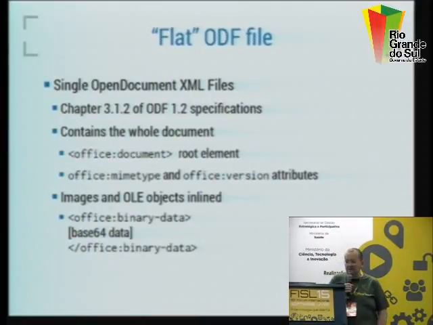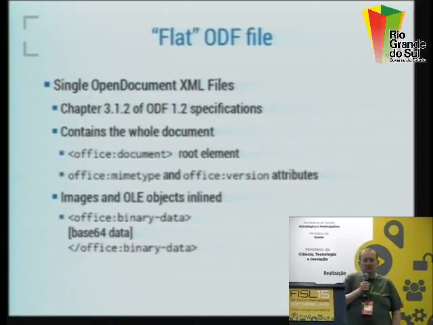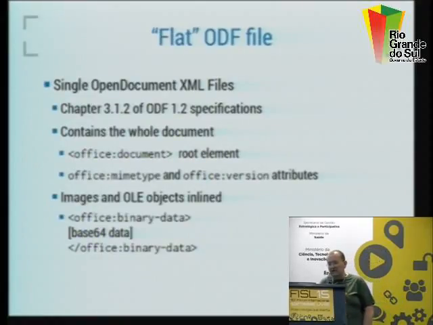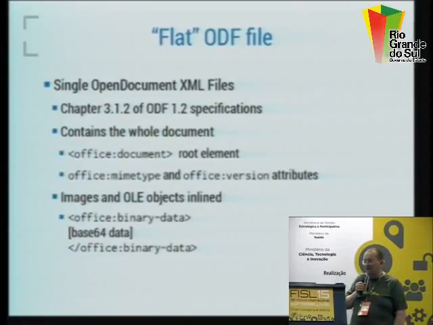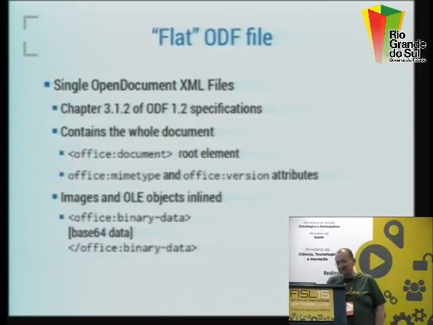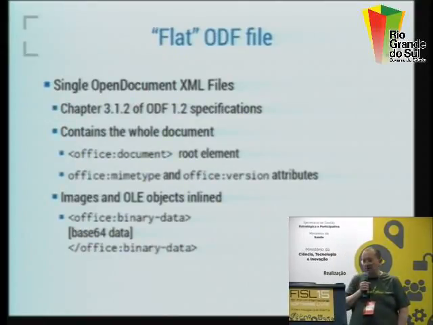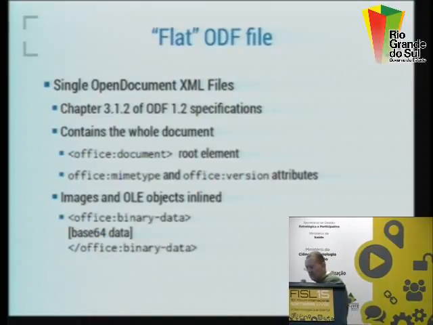That office:document contains some elements from the manifest that is in the package file, the office:mimetype and office:version, because there needs to be something telling you which MIME type this document has. And images and all objects are inlined: open tag office:binary-data, then a whole long string of base64 encoded data, and closed office:binary-data.